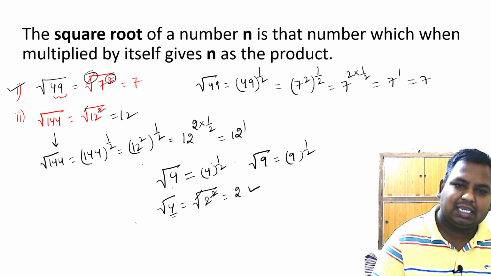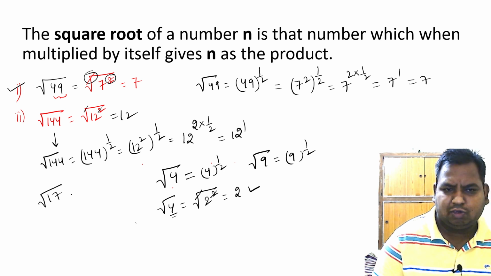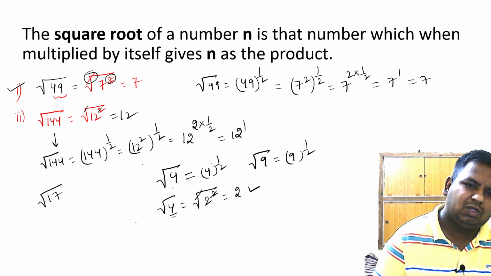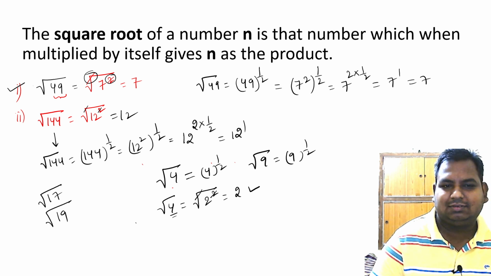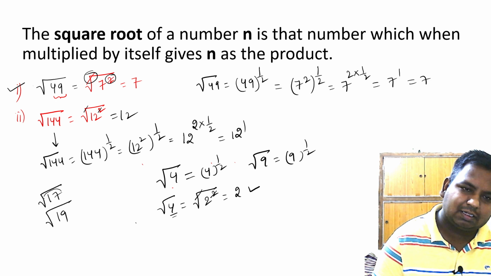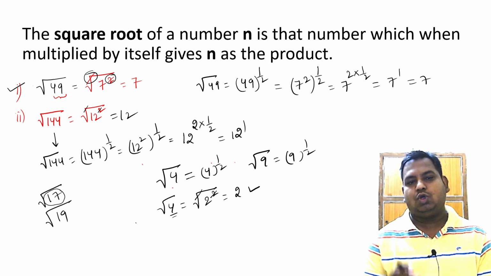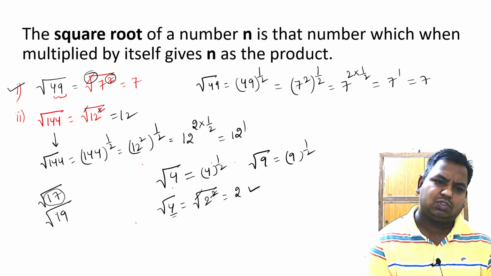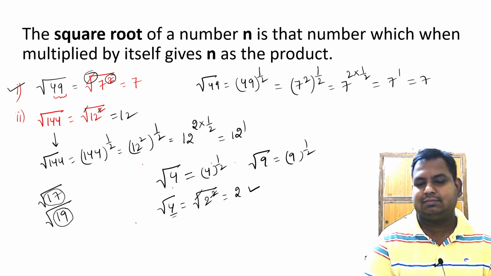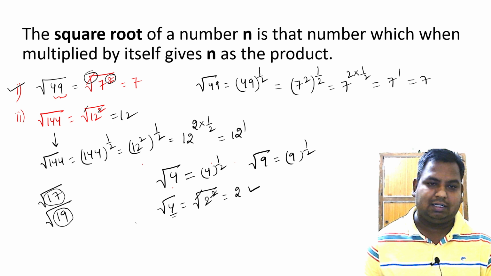Done. But if a question is something like under root 17, or under root 19, can we think of a number whose square is 17, or a number whose square is 19? Can we, or we can't? We can't.